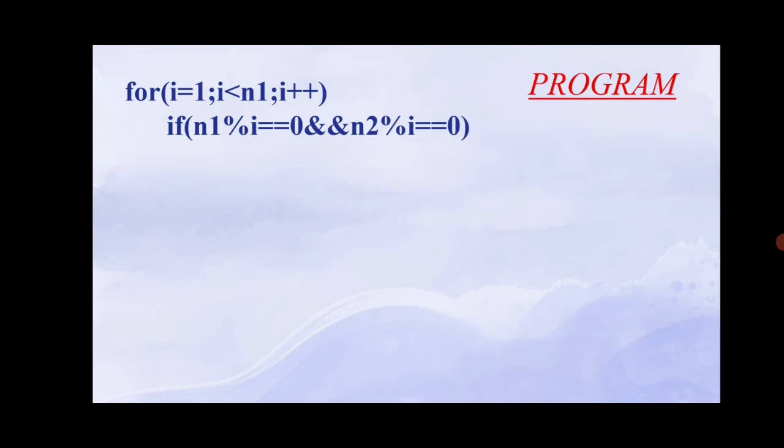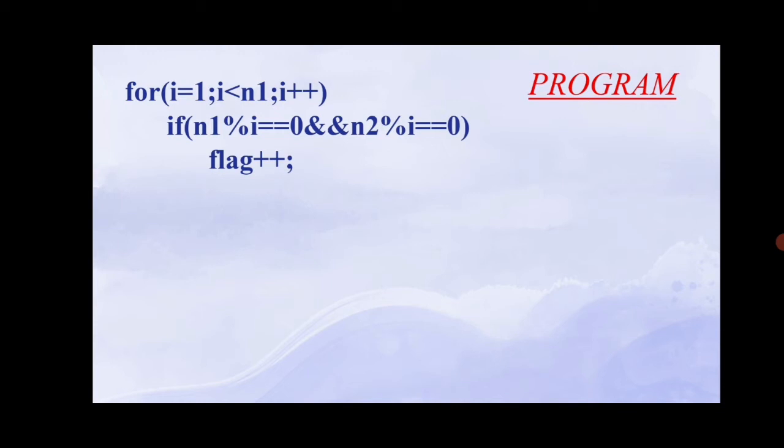Both conditions should be true in this statement. If these two conditions are true, then i is a factor of n1 and n2. At this time, we are increasing the factors, that is flag++. The initial value of flag is 0. Here the flag value will increase.